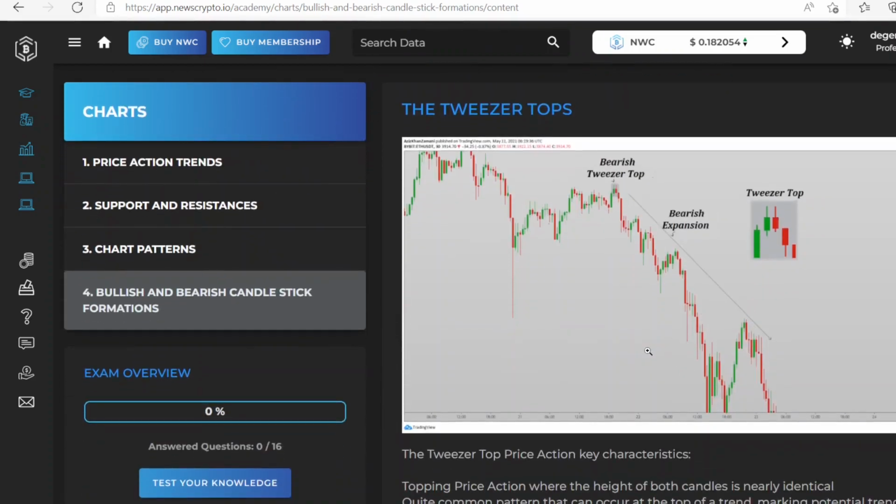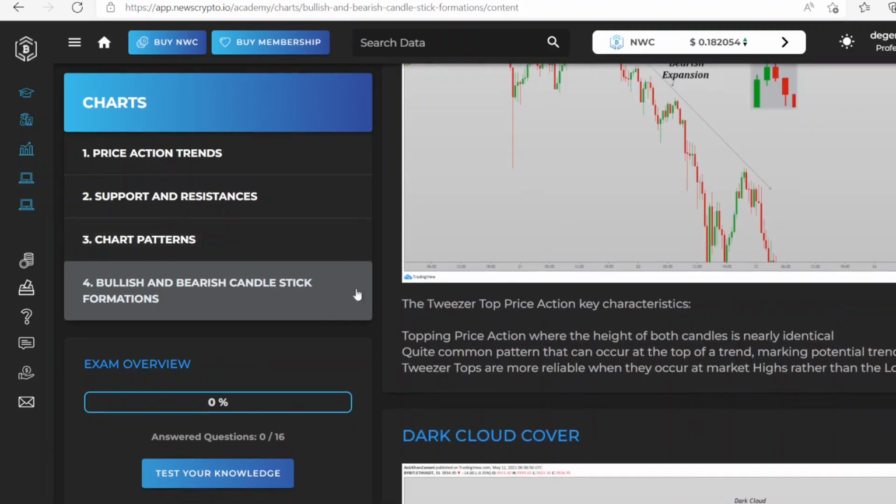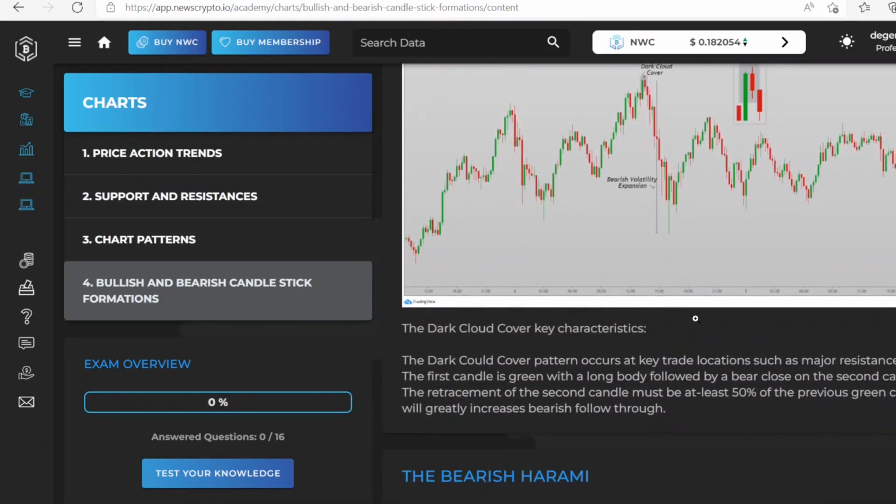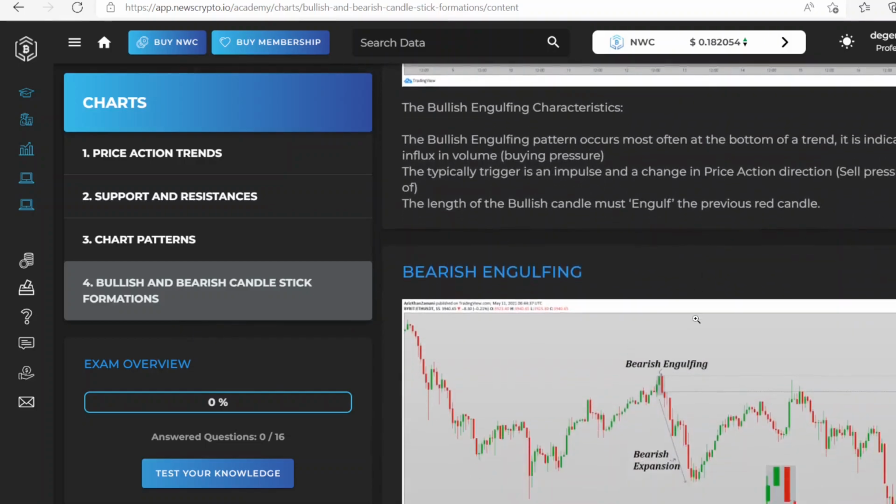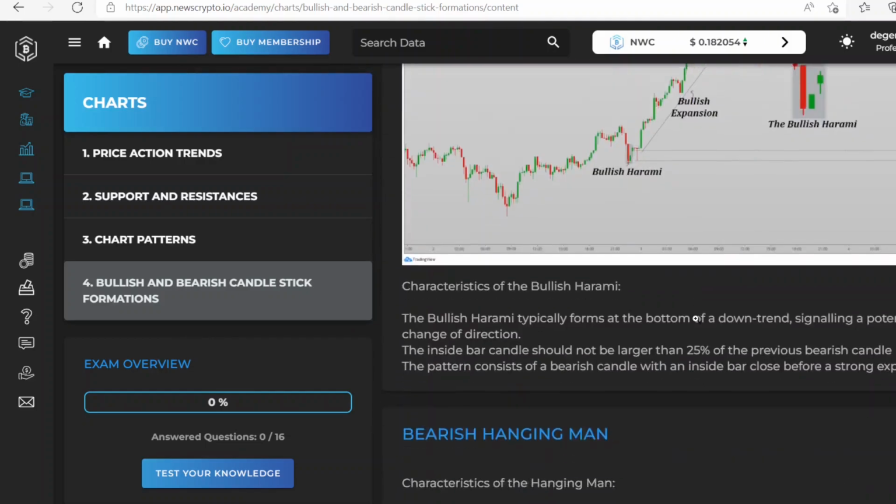So yeah, I'd say the four things you really need to understand when it comes to technical analysis are trends, support and resistance, chart patterns, and candlestick patterns. This goes into quite a lot of detail on all the really important ones, which is great for new beginners.